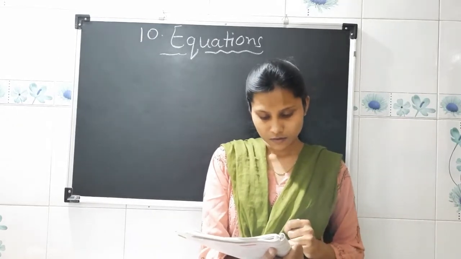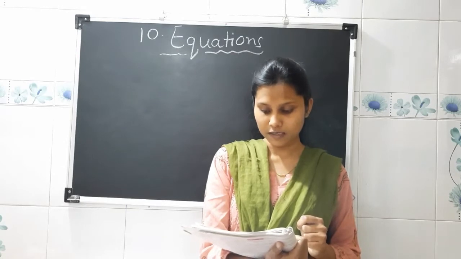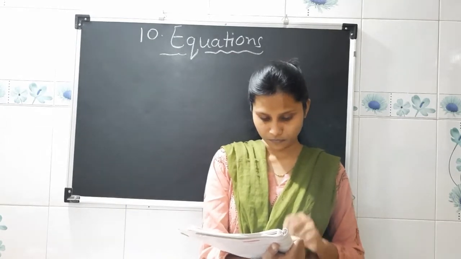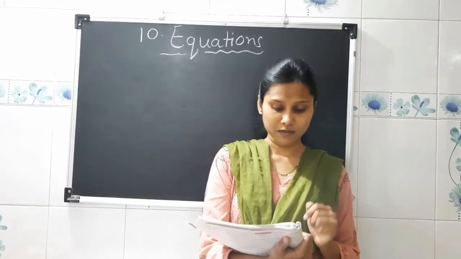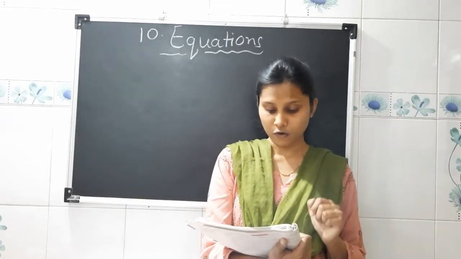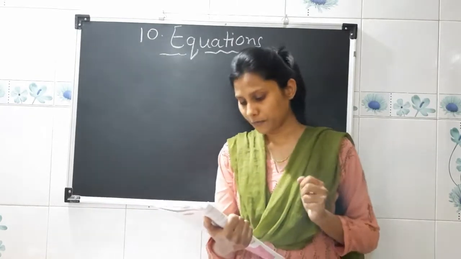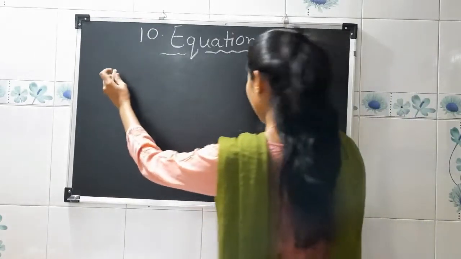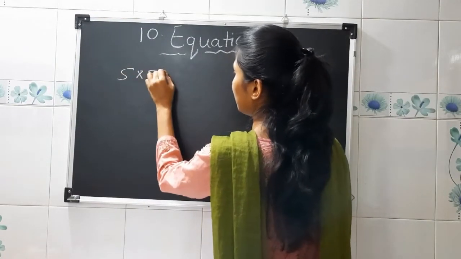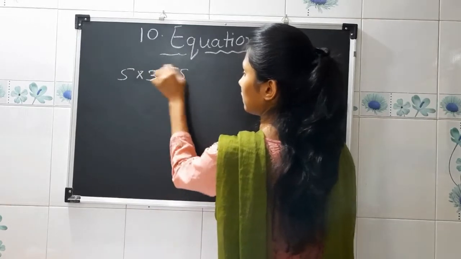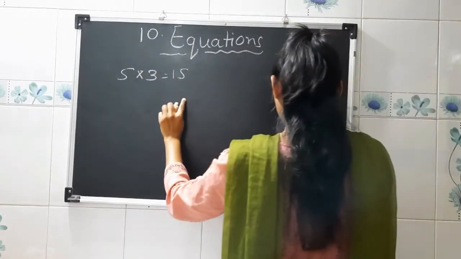Teacher says, find two numbers and a mathematical operation to get the answer 15. Then Sharvari says 5 multiplied by 3 gives 15 and 45 divided by 3 also gives 15. Read it carefully. 5 multiplied by 3 gives 15, means 5 multiplied by 3 is equal to 15.